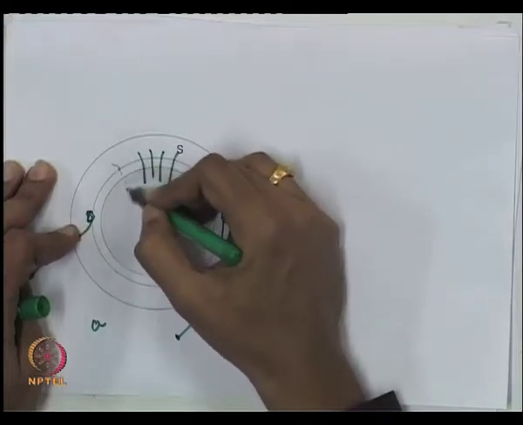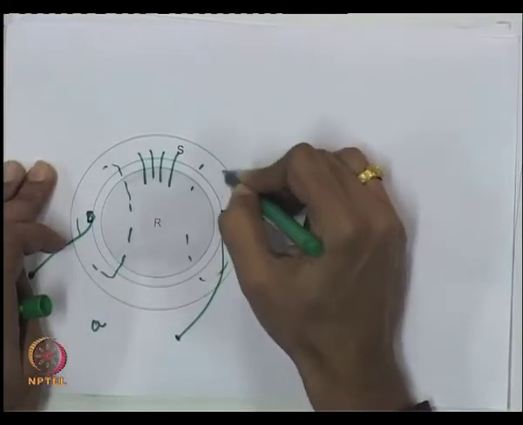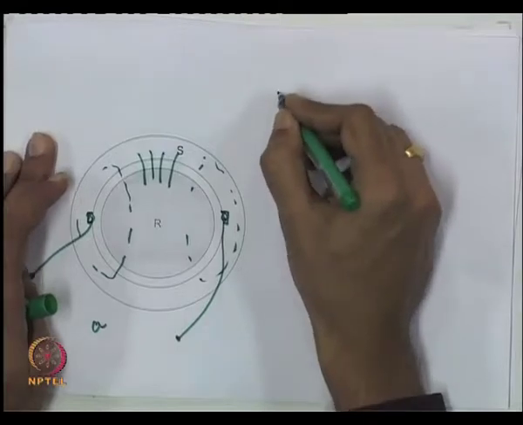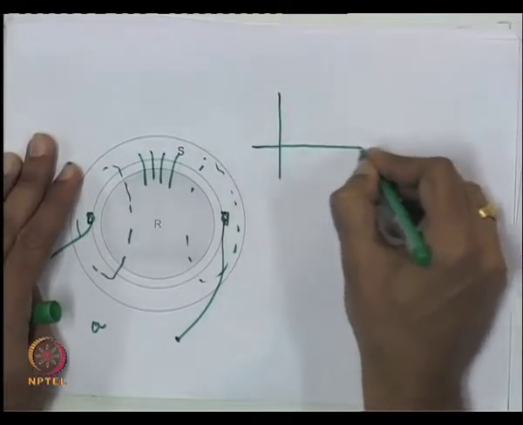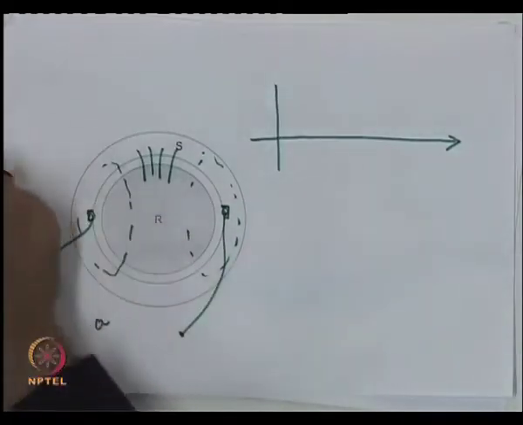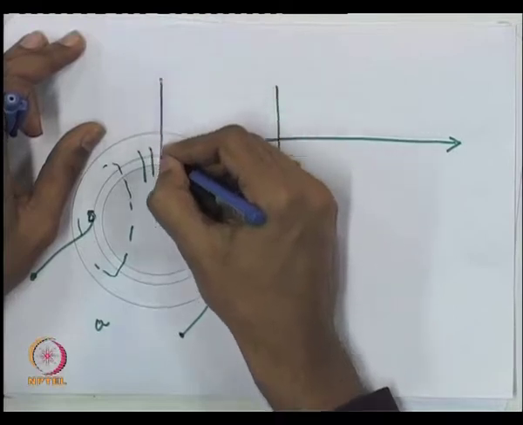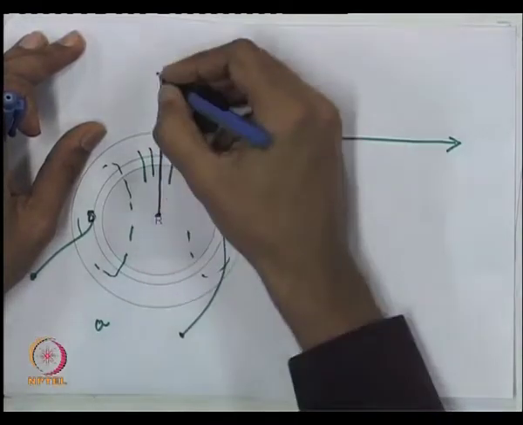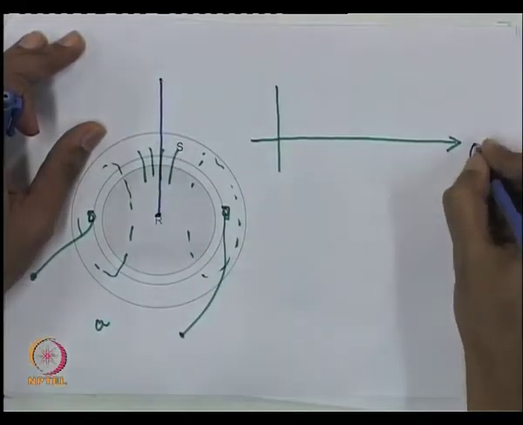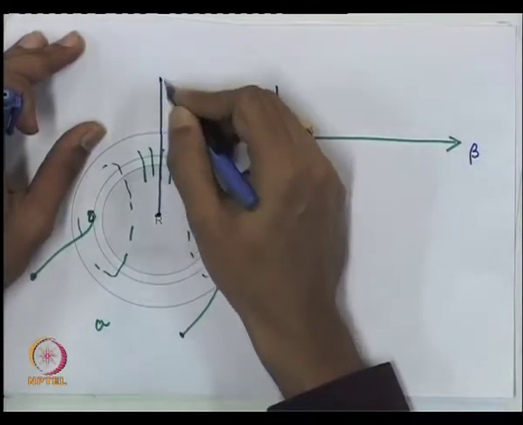So, your flux caused is like this. So, what we see is that the MMF caused is maximum here. Let's call this position the beta position.